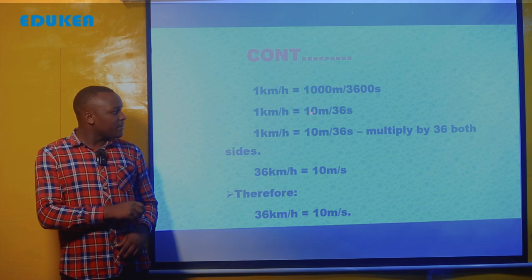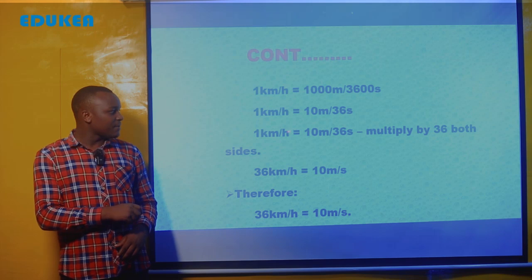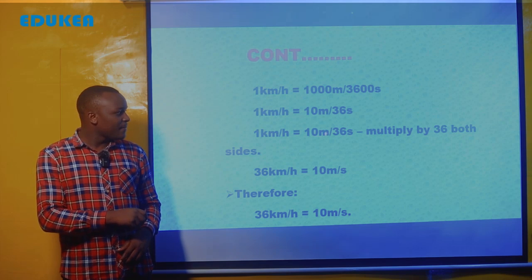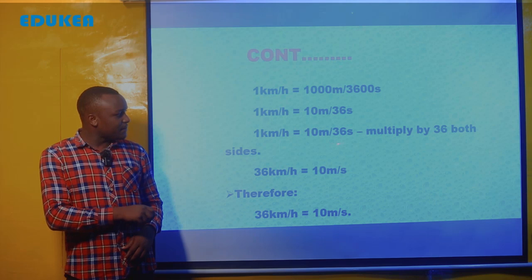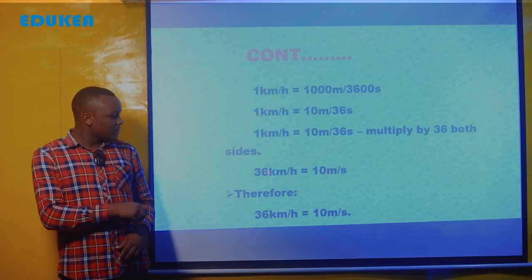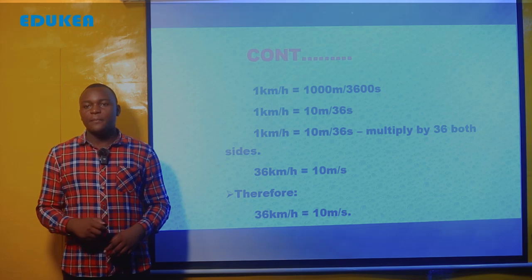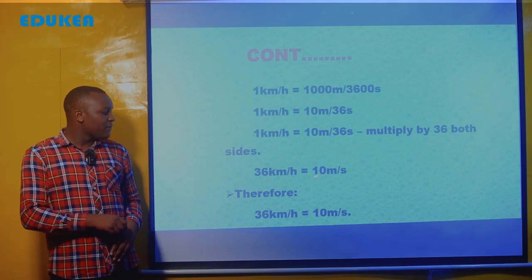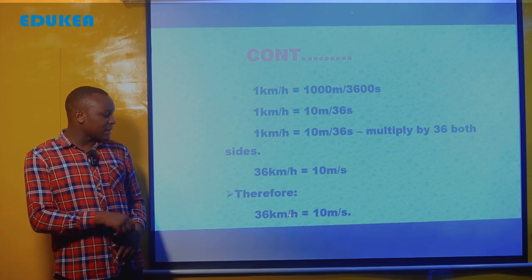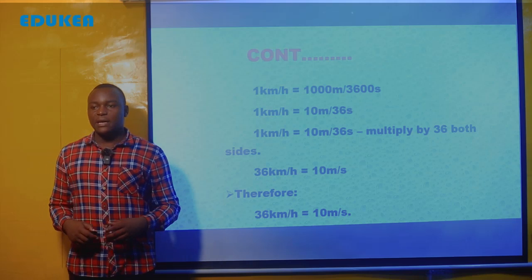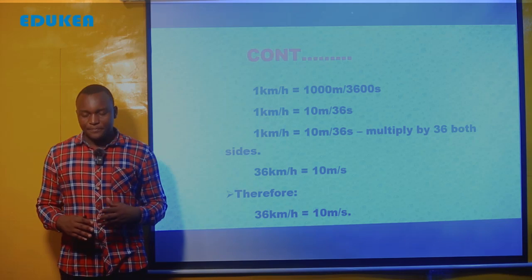Kwa hiyo ukimultiply 36 both sides utapata 36 km per hour sawa sawa na 10 meter per second. Kwa hiyo unaweza ukafanya comparison na hiyo. Kwa hiyo mtu aliyeandika 36 km per hour ni sawa na aliyeandika 10 meter per second. Huo ndio uhusiano uliopo kati ya kilomita per hour na meter per second.